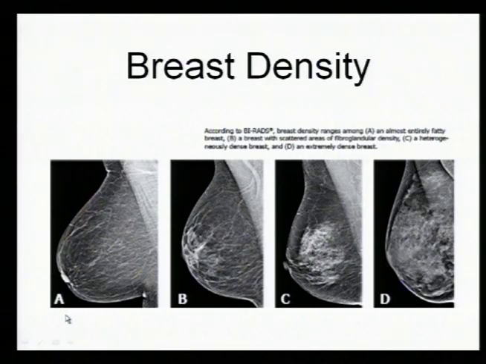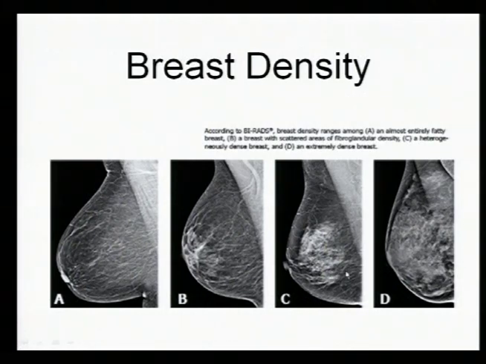So from a radiologist perspective, women that have a category A breast density, that's going to make detection of breast cancer on mammograms the easiest for your radiologist to detect. Those that have the breast density category D, that's going to make it the hardest for the radiologist to detect the breast cancer. The reason that is that way is cancers, masses, they show up white on your mammogram.